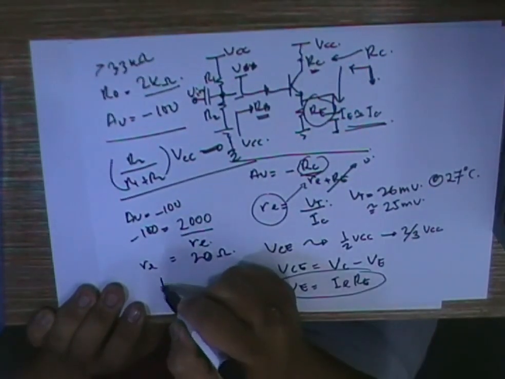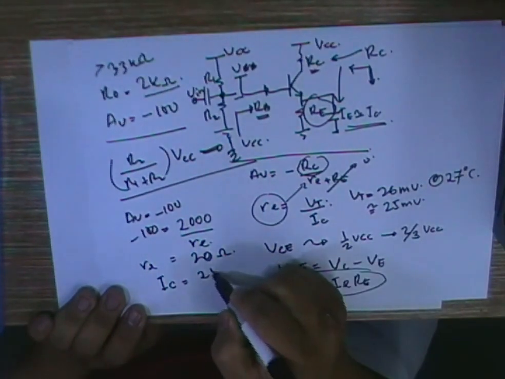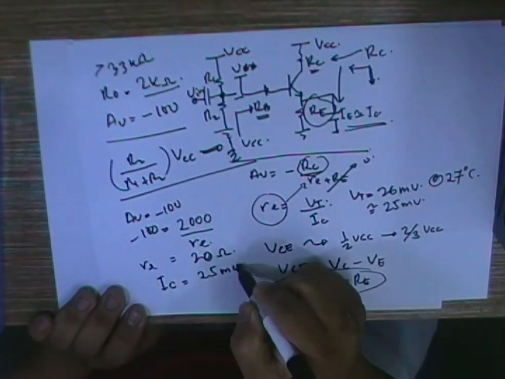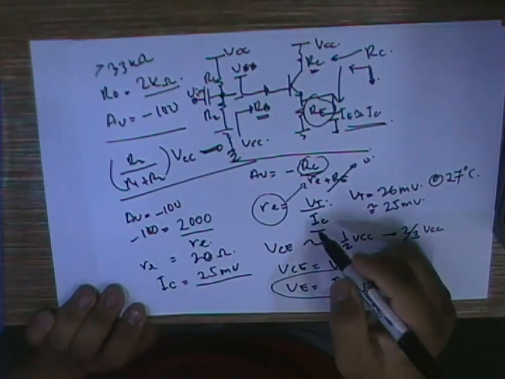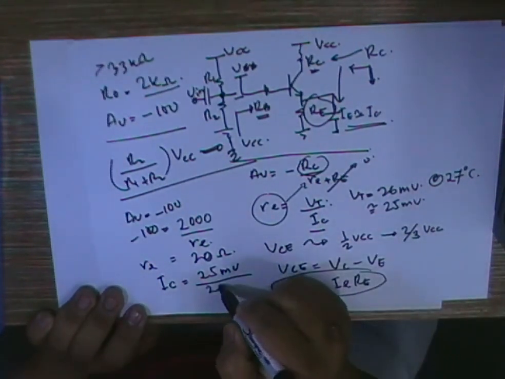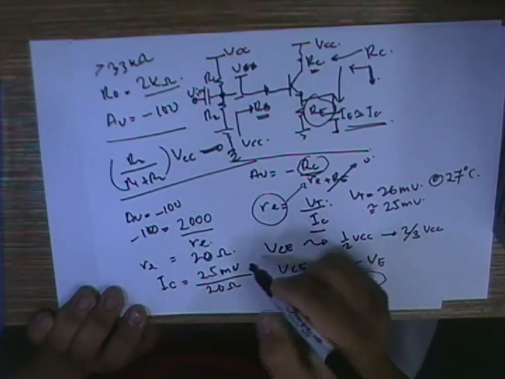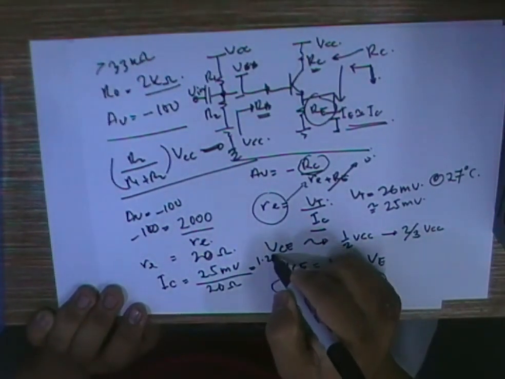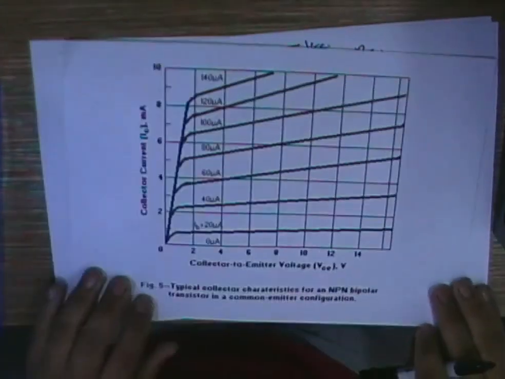So I know that my IC should be around 25 millivolt, which is my VT, over my RE, which is 20 ohms, so I'll get my IC around 1.25 milliamp. This is to give you some idea.